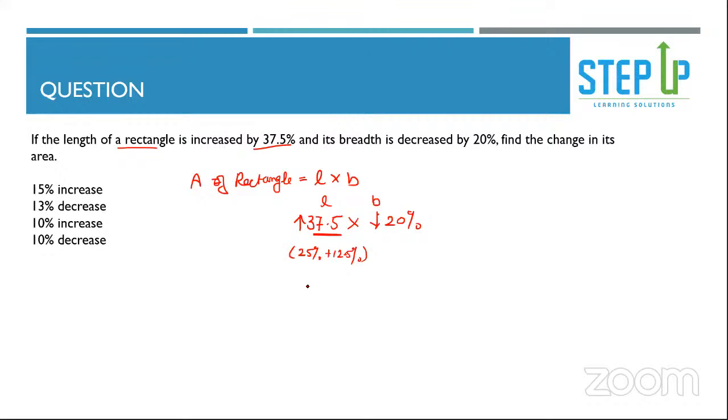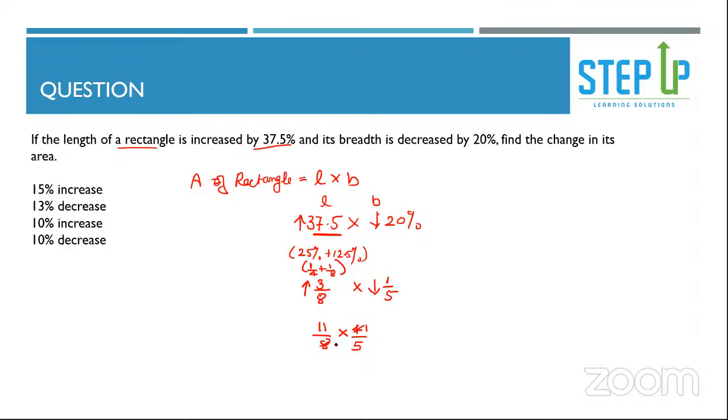So this, as far as I remember, is 3 by 8. How will you get 3 by 8? 1 by 4 plus 1 by 8. All right, 3 by 8, and a decrease by 20% is 1 by 5, right? So this will give you 11 by 8 and this will give you 4 by 5.